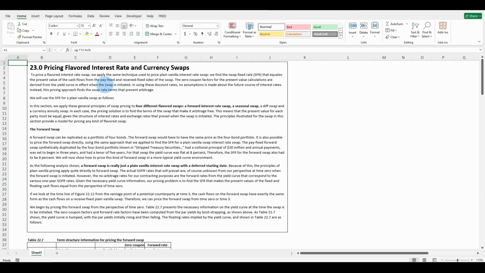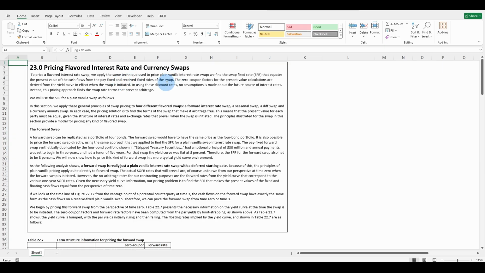To price a flavored interest rate swap, we apply the same techniques used to price plain vanilla interest rate swaps. We find the swap fixed rate that equates the present value of the cash flows from the paid fixed and received fixed sides of the swap.